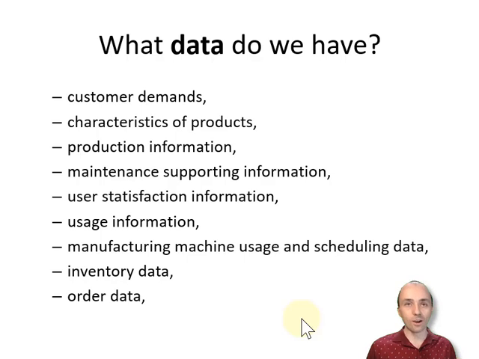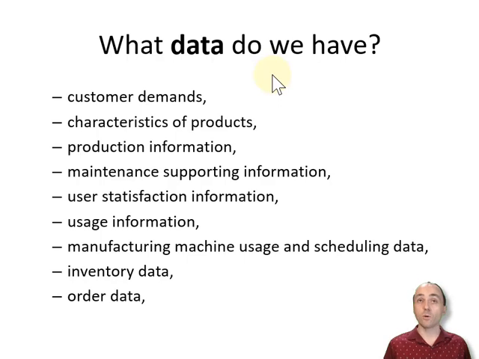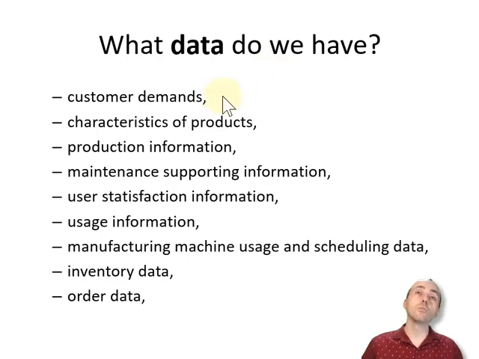So now I want to make the connection with data mining and machine learning. What kind of data do we have in industrial design or for products in general? First, we have many types of data actually. Maybe you don't realize, but there are many types of data.